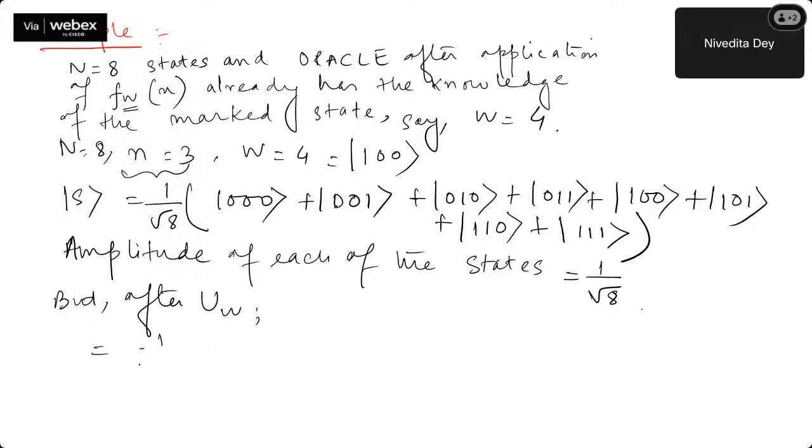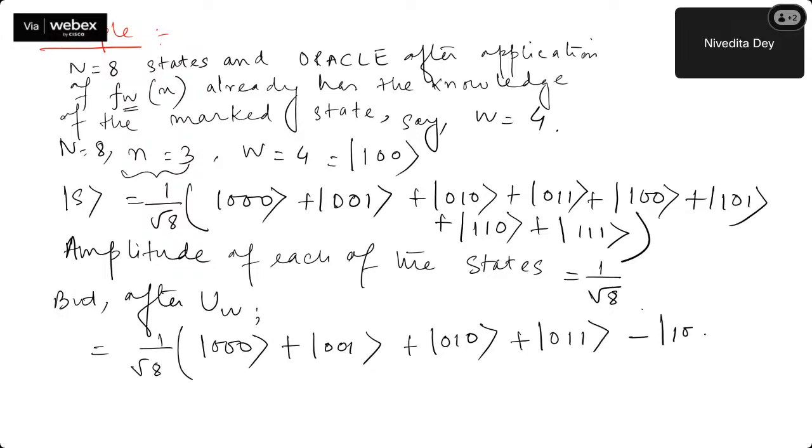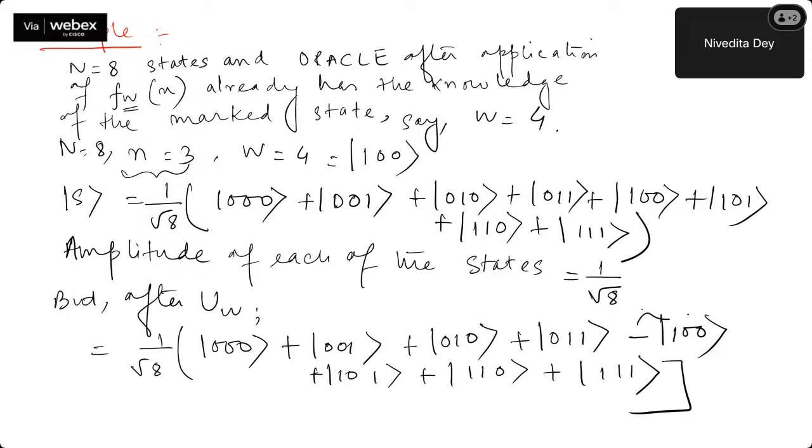It is now 1 by root 8 times (0,0,0 plus 0,0,1 plus 0,1,0 plus 0,1,1 minus 1,0,0 plus 1,0,1 plus 1,1,0 plus 1,1,1). Only this particular thing had happened. So the amplitude of all states after UW is 1 by root 8, except for the marked state, whose amplitude is minus 1 by root 8.